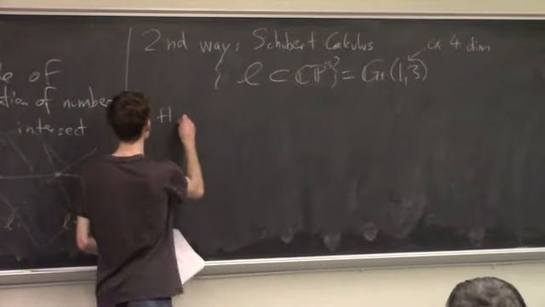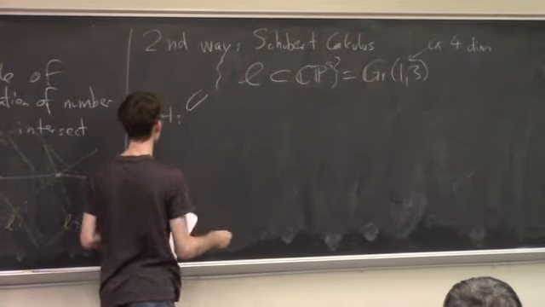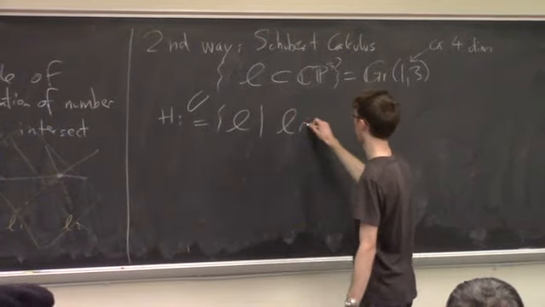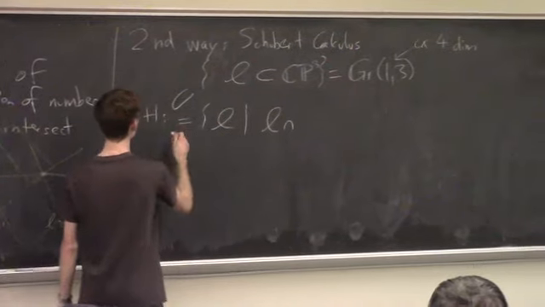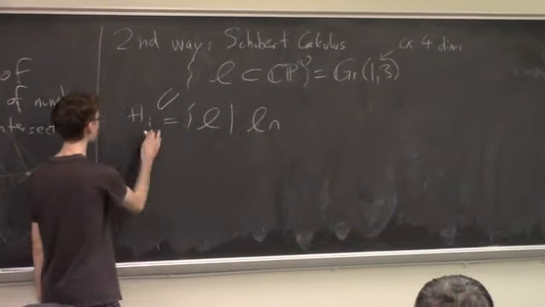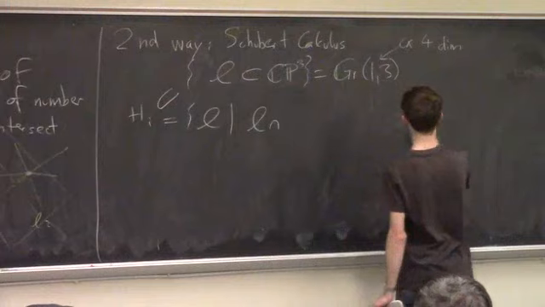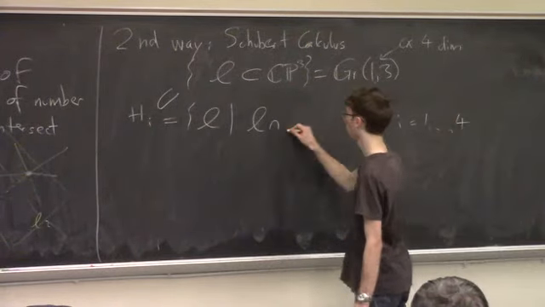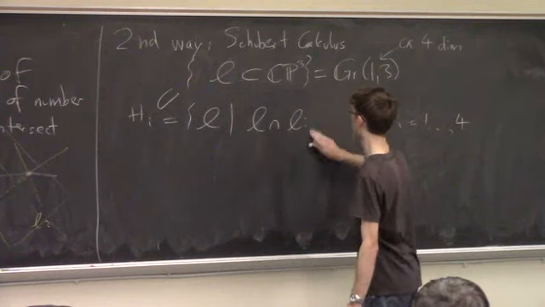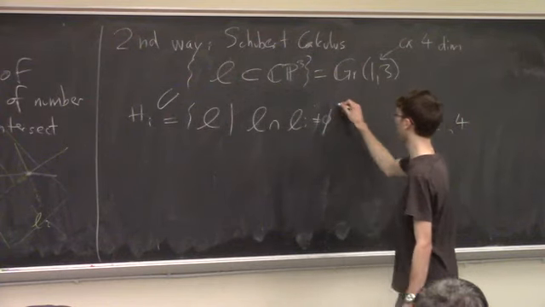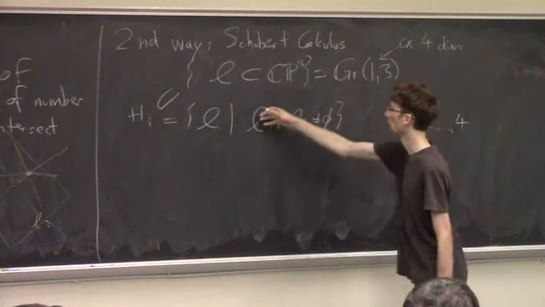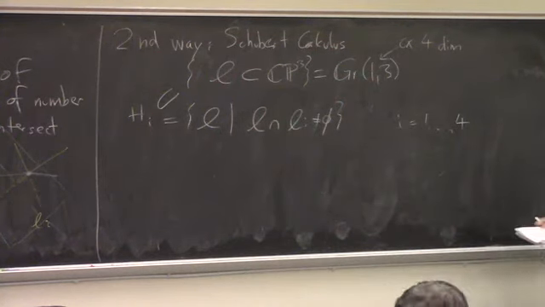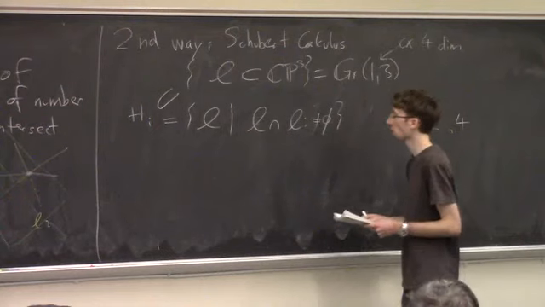So you set up a set H_i, which sits inside here, defined as the set of all lines which intersect, for each i between 1 and 4, a given line, looking only at lines which intersect with this given line.